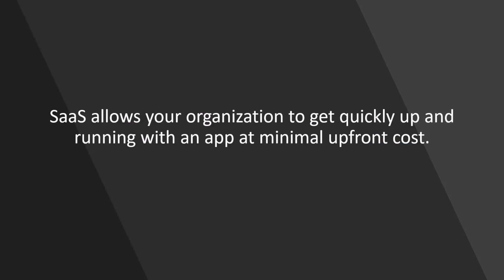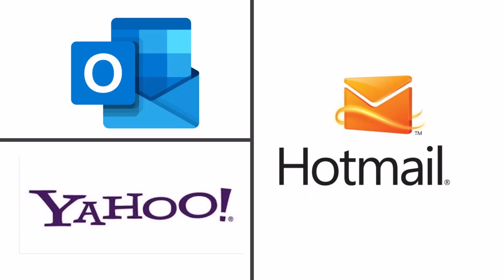Organizations typically leverage software as a service so they can get up to speed quickly with a particular app without any significant upfront costs. As I mentioned, some common software as a service scenarios include things like email or Office 365. So if you've ever used web-based email like Outlook or Gmail or Hotmail, then that's a form of software as a service.